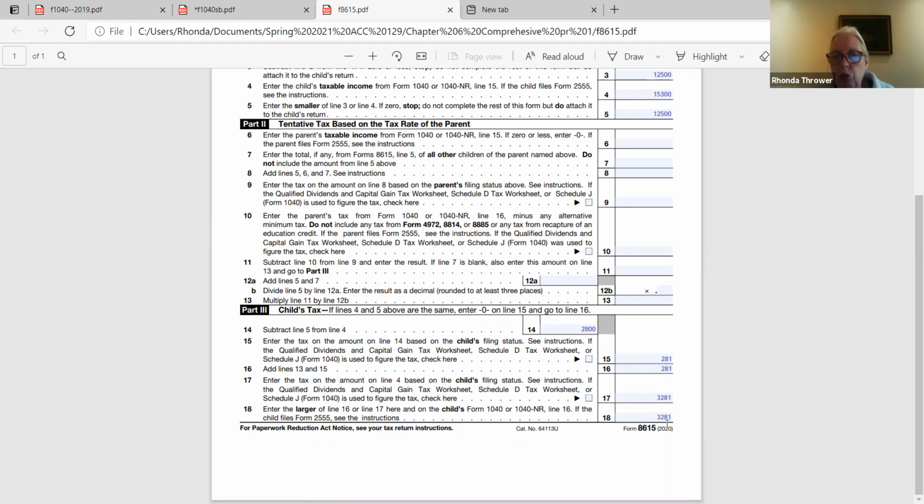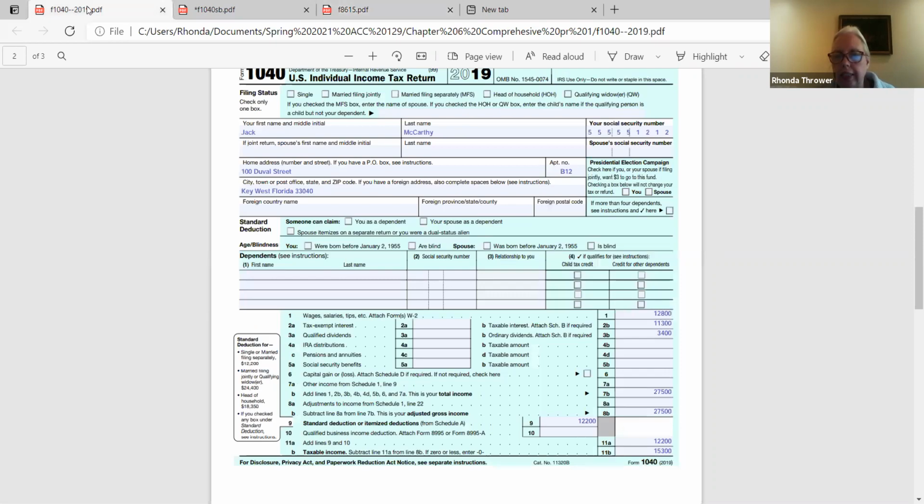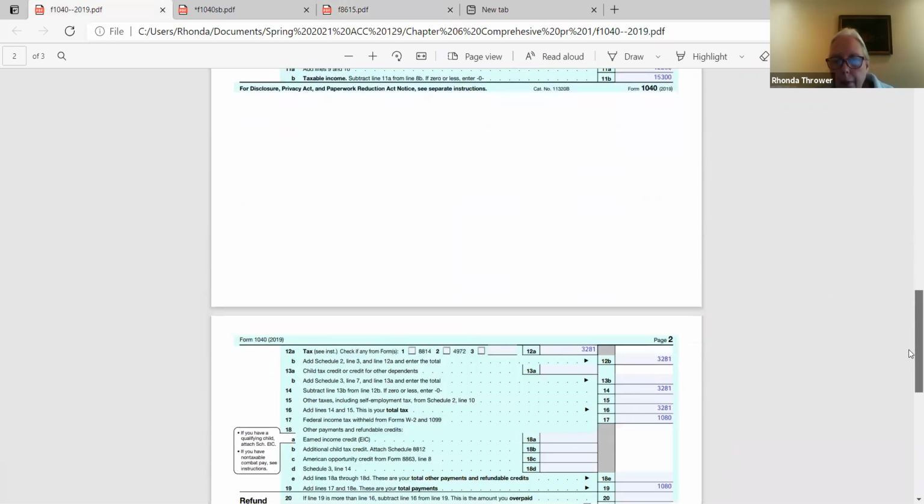So we're going to go to our 1040 form for 2019, and we're going to go to line 12A, and we're going to enter 3281 on 12A, and it would also be listed on 12B. That 3281 came from form 8615.